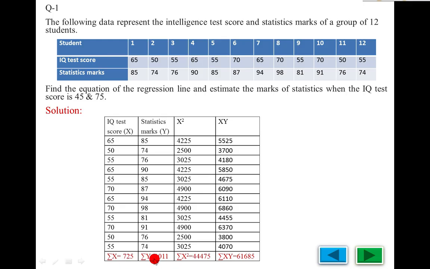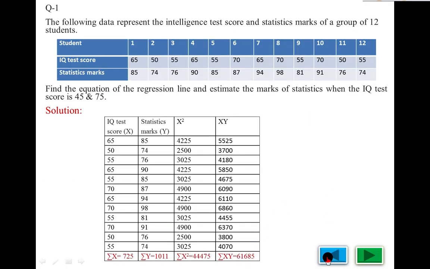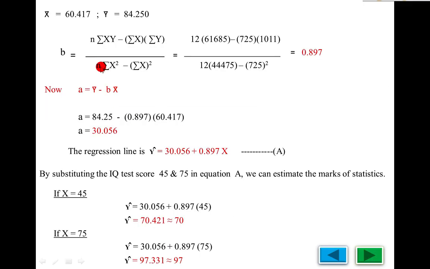You will obtain summation X, summation Y, summation X square, summation XY, and then substitute in the formulas of the values of A and B. First calculate B, because after calculating B you can use it in the formula for A. So substitute here n equals 12, summation XY this value, summation X, summation Y from this data, and divide by n summation X square minus summation X whole square. Simplify, you will obtain 0.897.